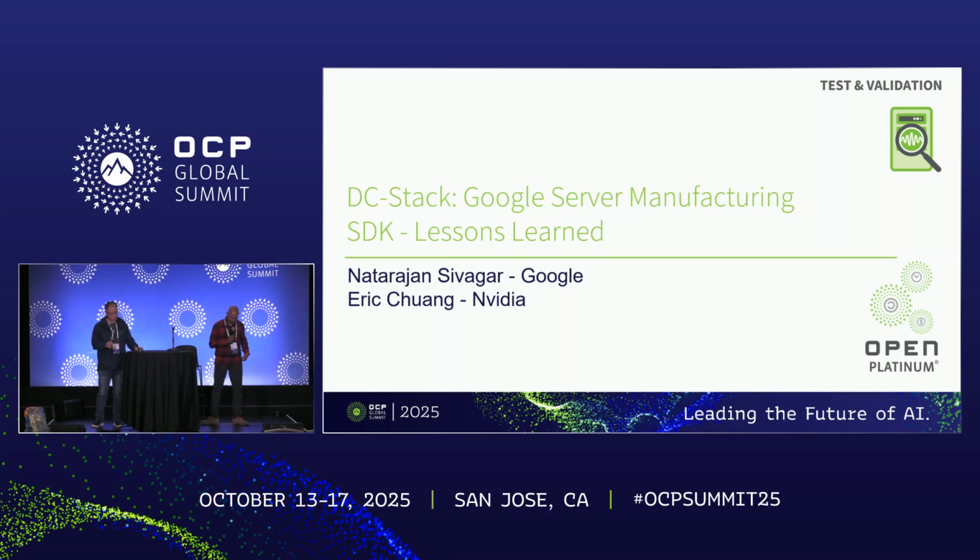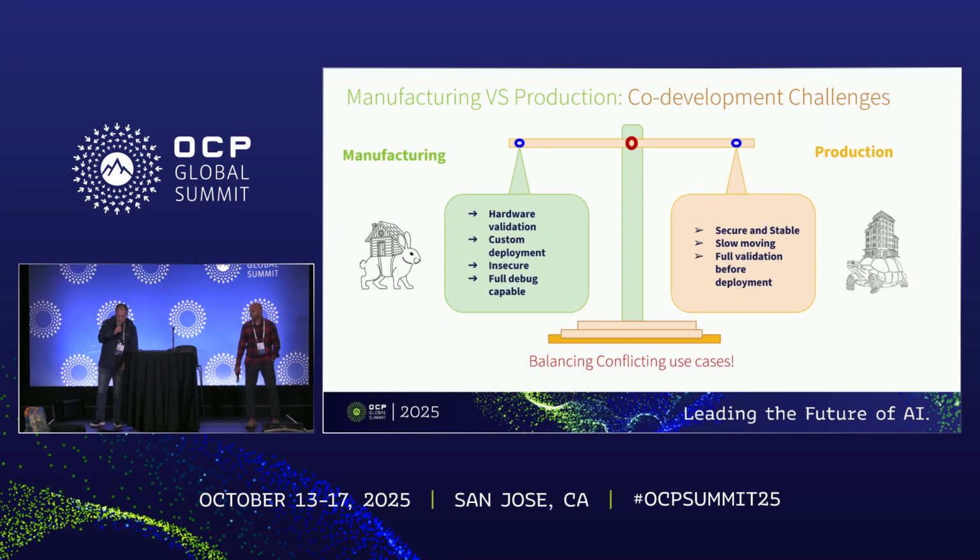Go ahead, Eric. Okay. To understand the challenges we faced in the past 2 years, you need to understand the process from factory testing to data center deployment. A server is being built in the factory, and it will be installed with the manufacturing OS and run diagnostics.